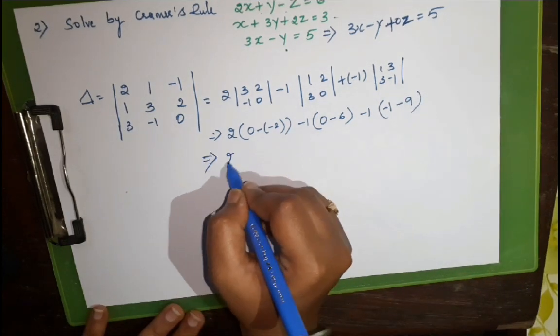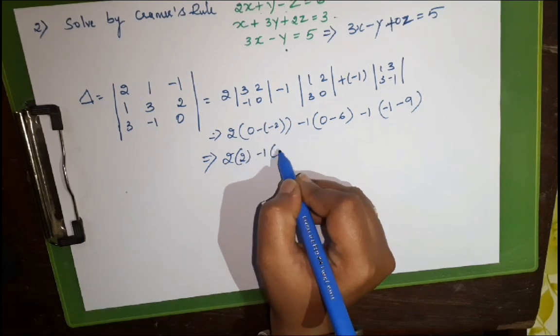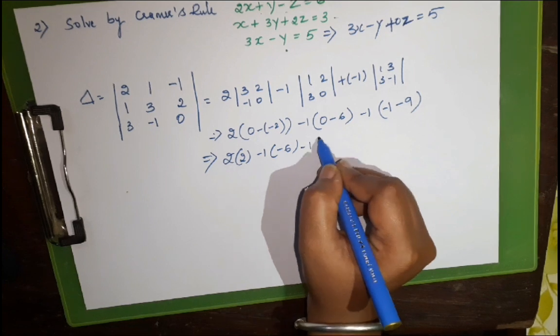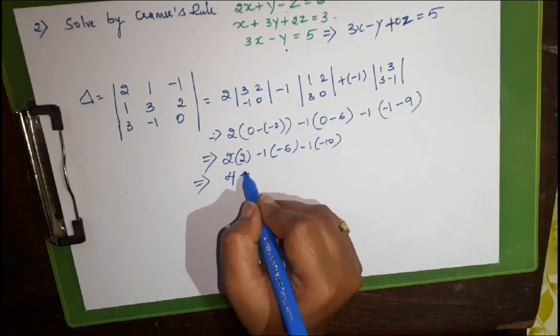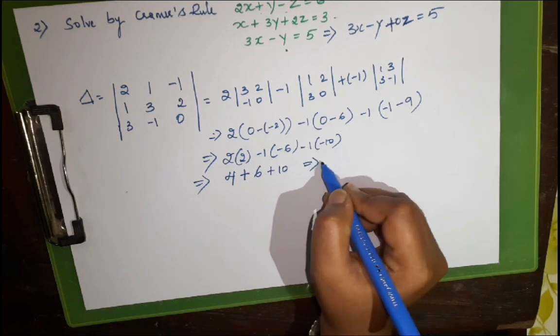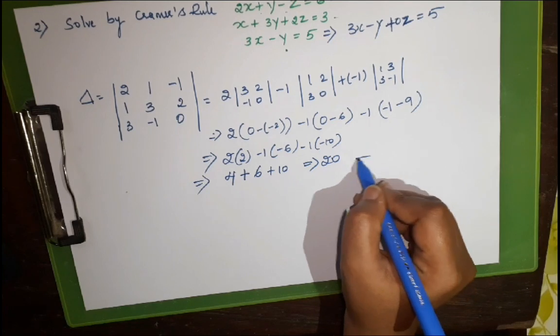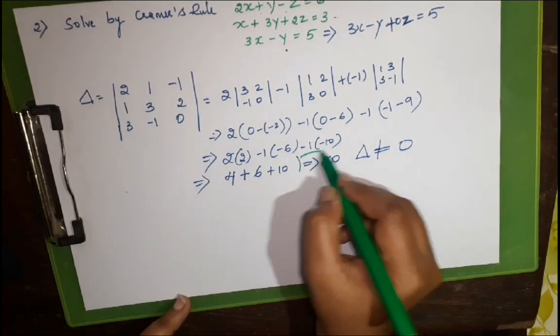So 2 into 2, minus 1 into minus 6, minus 1 into minus 10, so it is 4 plus 6, plus 10, so it is 20. So our delta is not equal to 0, you got delta as 20.